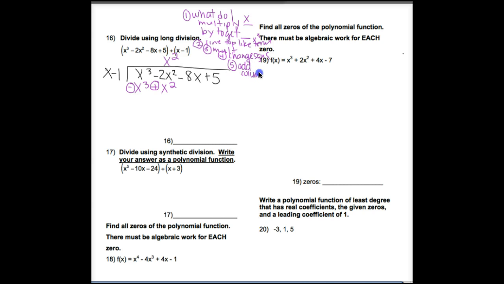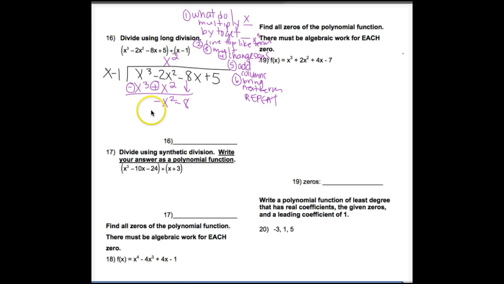Now add the columns. Add these, they drop out. Add these, it gives you -x squared. Next, bring down the next term. So bring down my -8x and repeat the exact same steps.